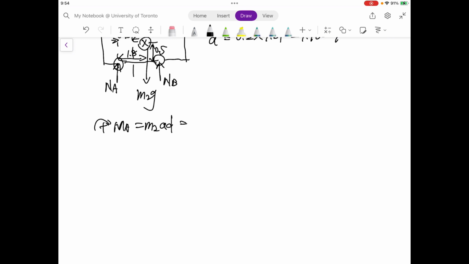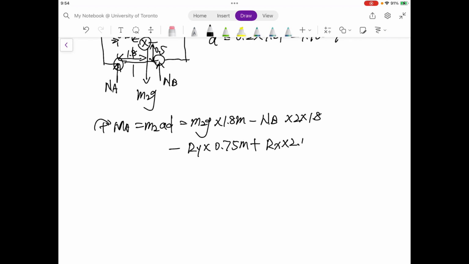This is equal to M2G times 1.8 meter minus MB times 2 times 1.8 minus Ry times 0.75 meter plus Rx times 2.4 meter.